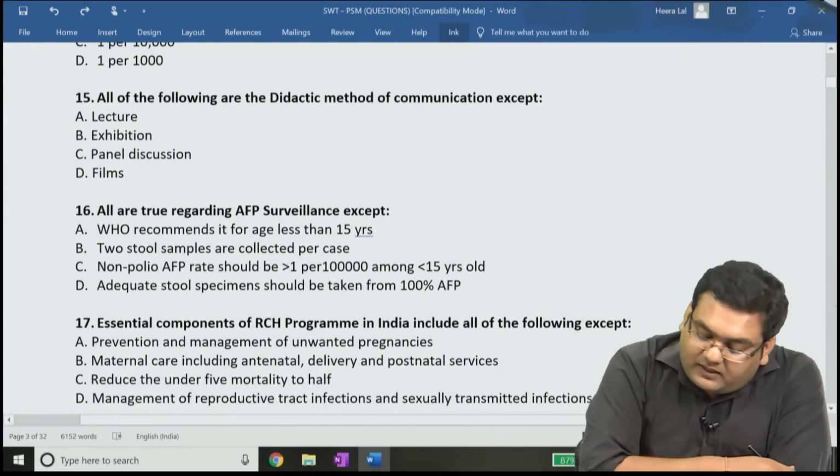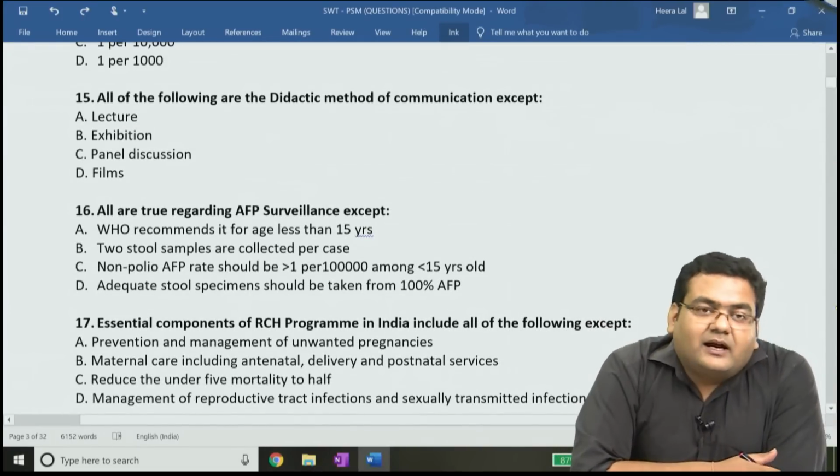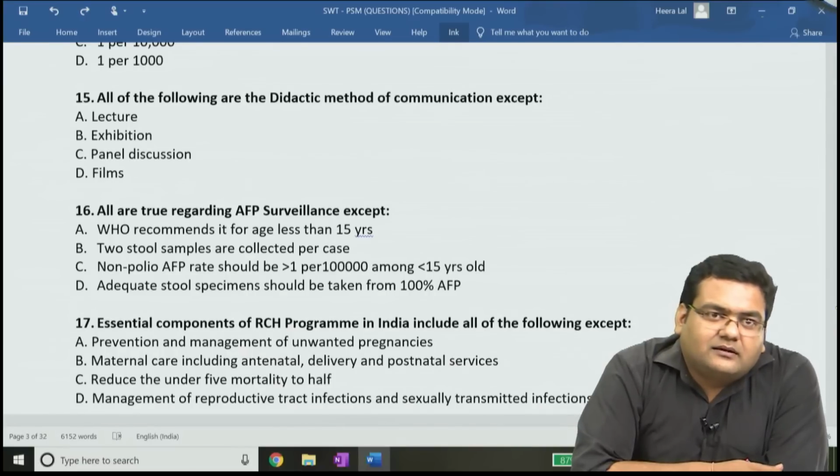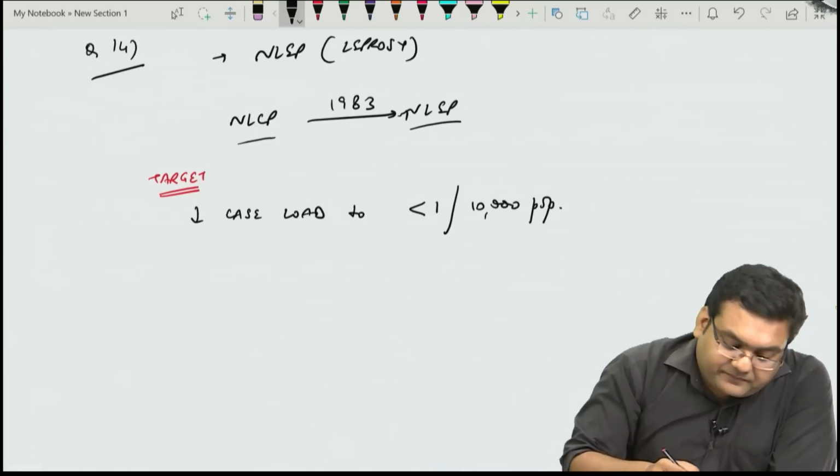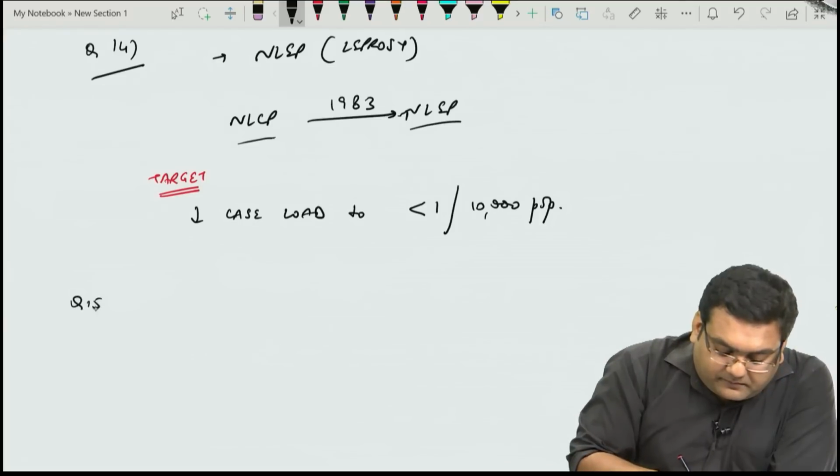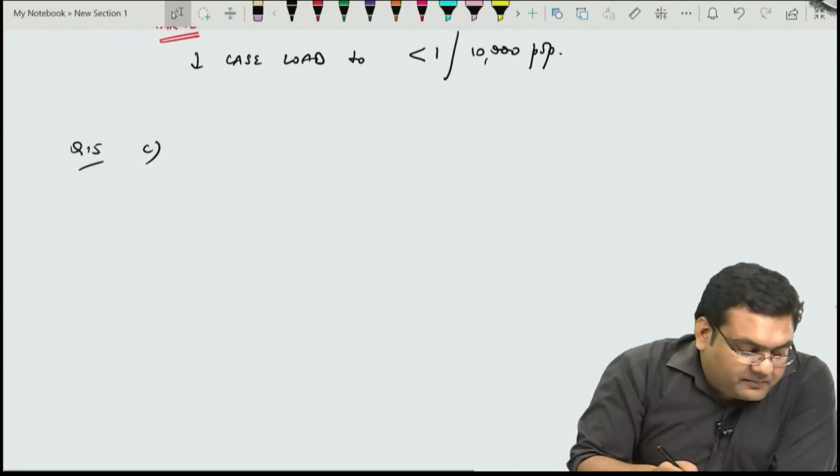Question number 15. All of the following are didactic methods of communication except. The correct answer is option C, that is panel discussion.